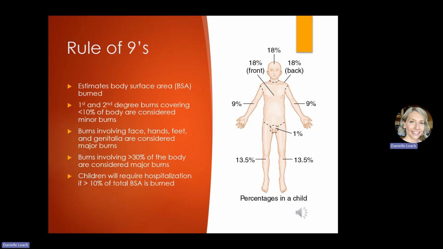Burns that are involving over 30% of the body are generally considered major burns. And children usually require hospitalization if greater than 10% of their total BSA is burned. So this means that usually they're going to be transferred to a burn center, which here in the Valley is usually Valley-Wise.